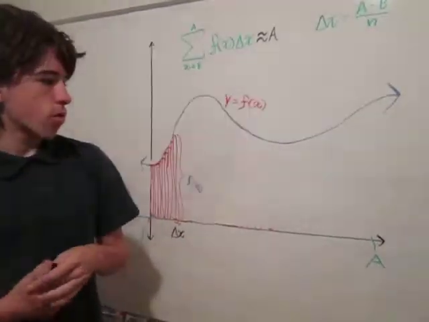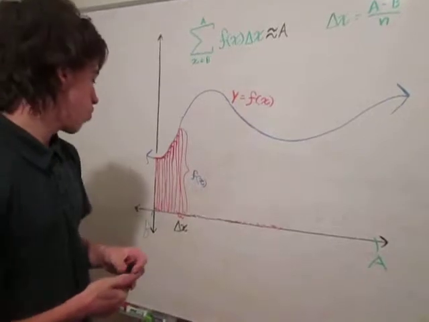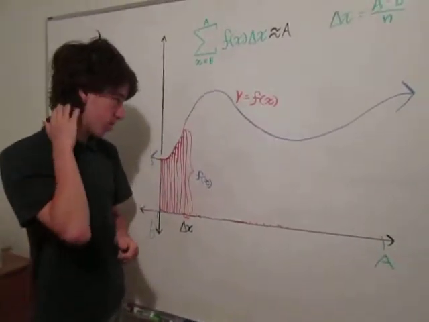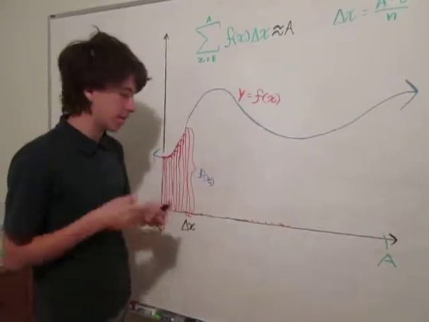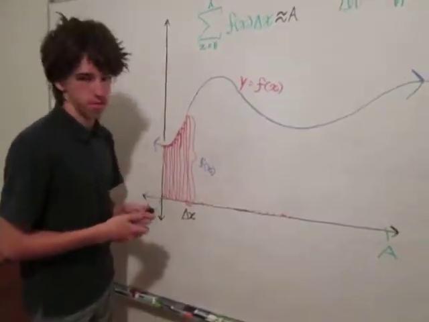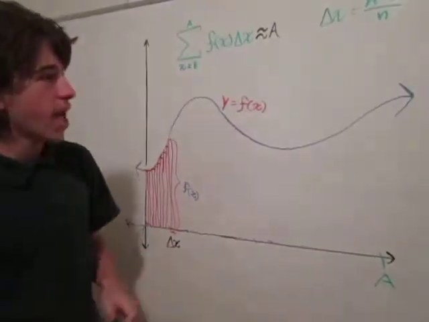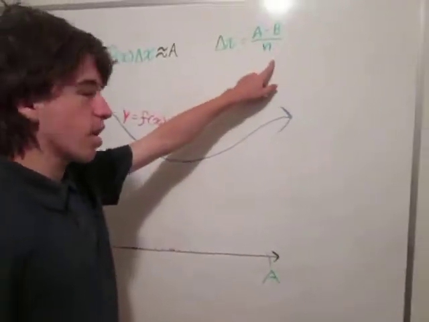Now, this of course is most accurate when this delta x is nearly 0. It can't be 0 because you can't find an area of a line. But when it's almost 0, that would mean n is basically infinity.